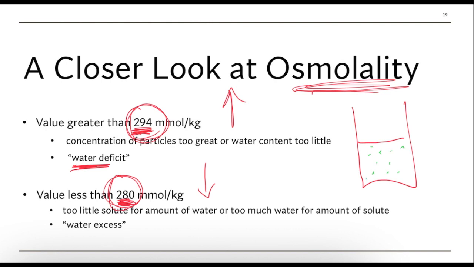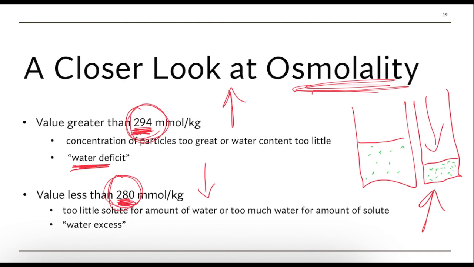Everything's great. What happens when we lose some of that water? We don't lose the particles. The particles are still there. But now we have way more of them per liter of water. So the ratio of particle to water has gone way up. Does that mean we've gained particles? Usually not. What it tells us about fluid is that we've lost fluid.